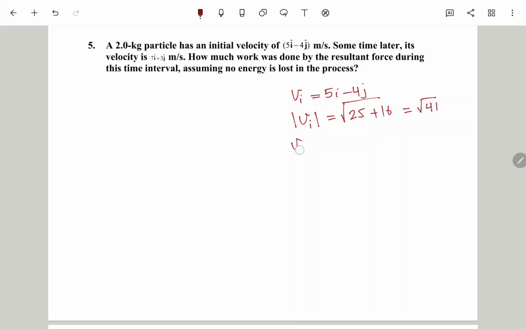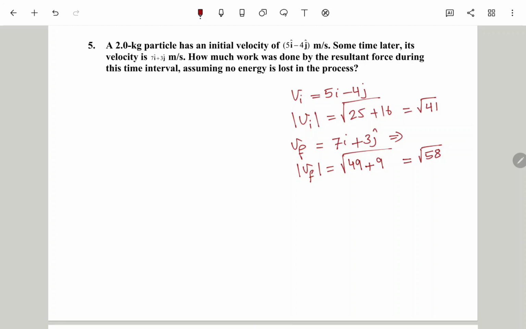Now, V final equals 7i plus 3j. In this case, the magnitude of V final equals the square root of 49 plus 9, or in other words, the square root of 58.